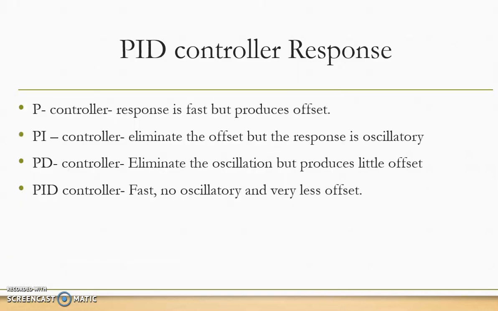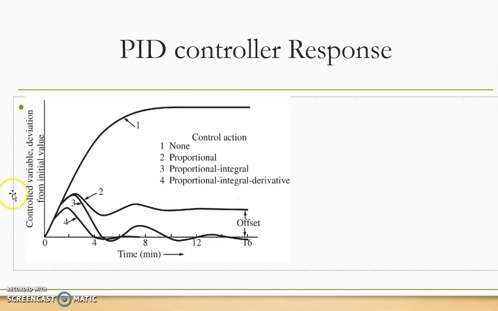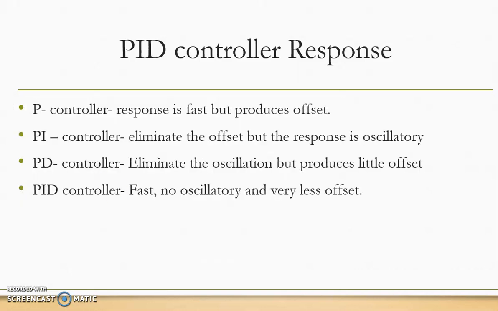When we are using the P controller, as you can see, it is fast, but it gives an offset. See, the second curve is associated with the P controller, which has given some offset. Offset is the difference between the output value and the required or ultimate value. For proportional integral, you can see the curve is a bit oscillatory, but it gives very little offset. So the integral controller will introduce oscillations, but it eliminates the offset.